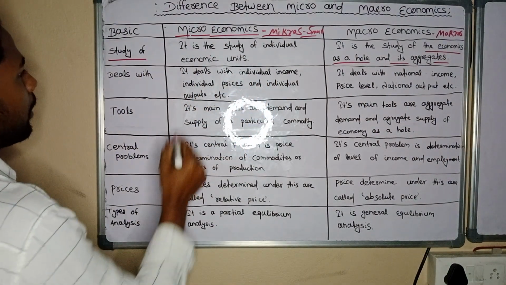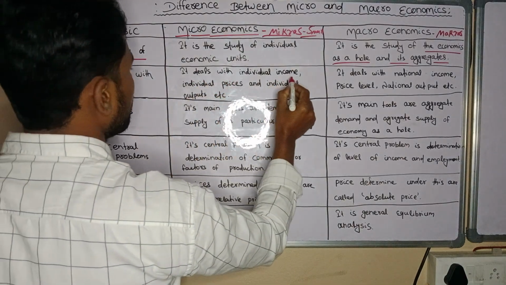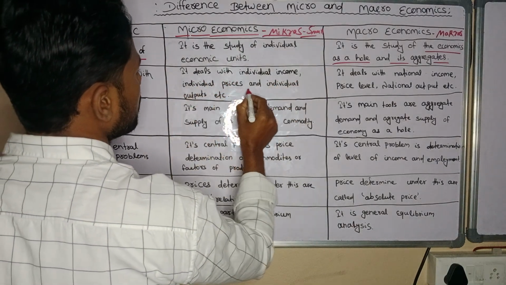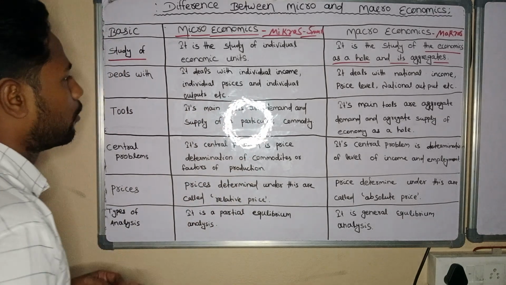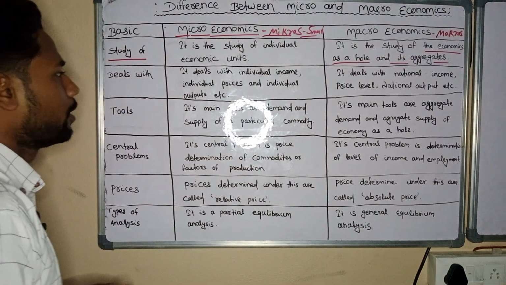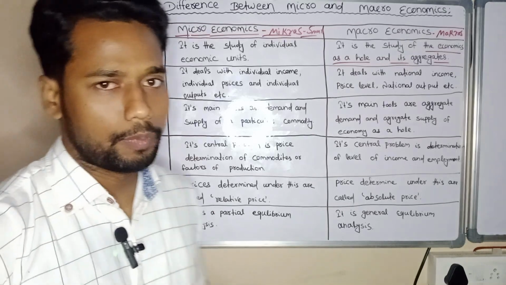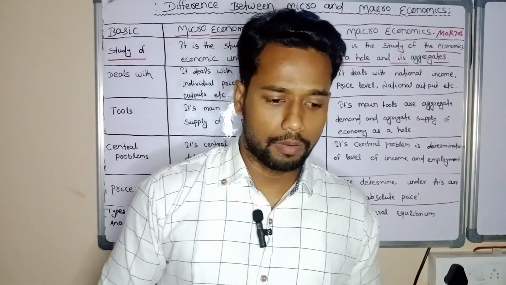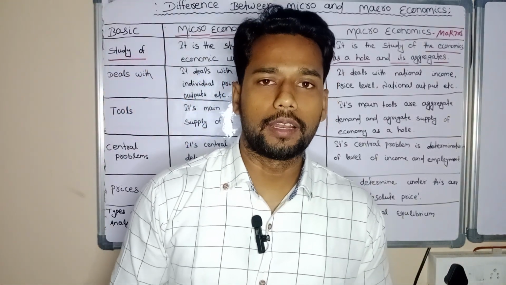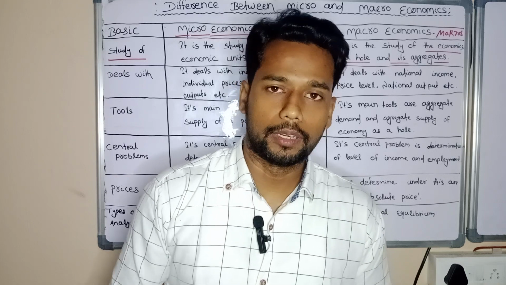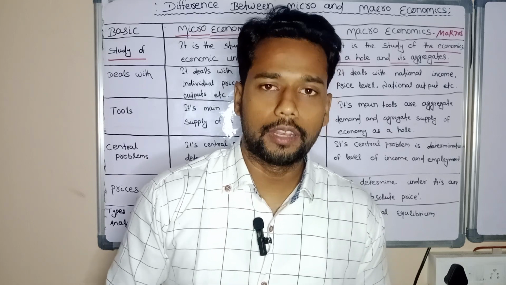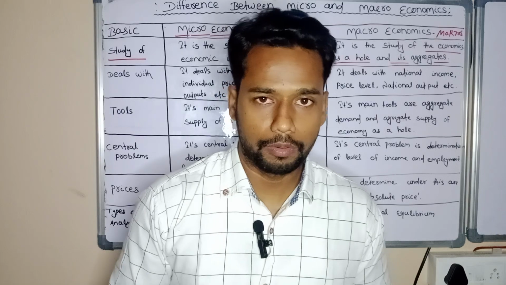Then microeconomics deals with individual income, individual prices, and individual output. Individual income, prices and output means, for example, why X Limited has less profit. If you are going to study that, then you are a microeconomist.